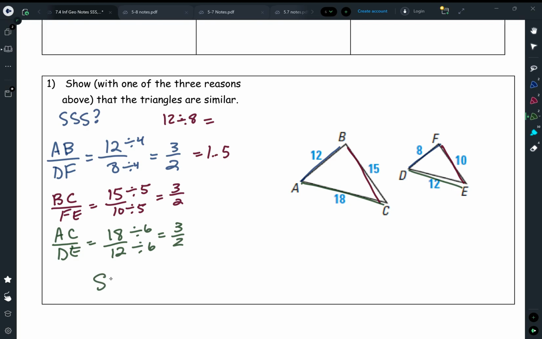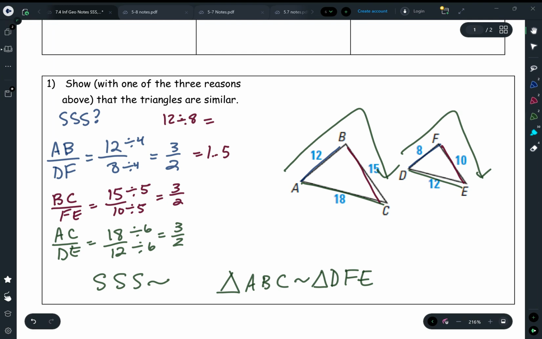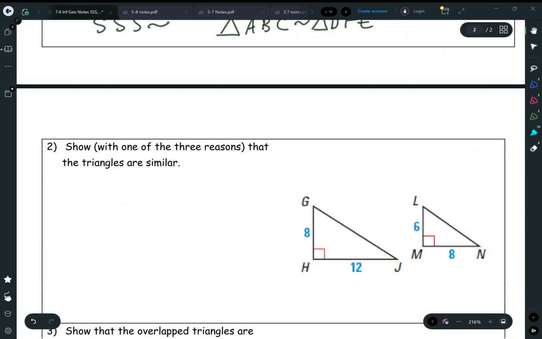So this is going to be side similarity. Then I need to give a similarity statement: triangle ABC is similar to triangle DFE, because all three sets of corresponding sides have the same ratio.